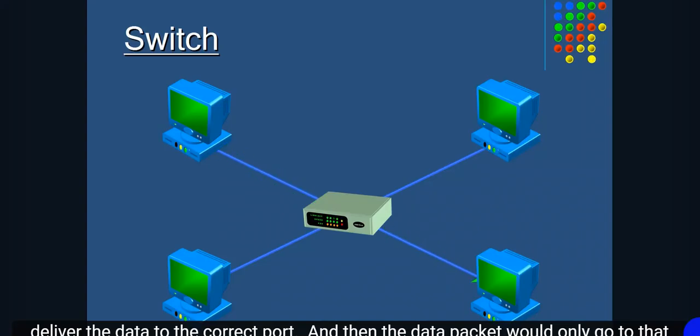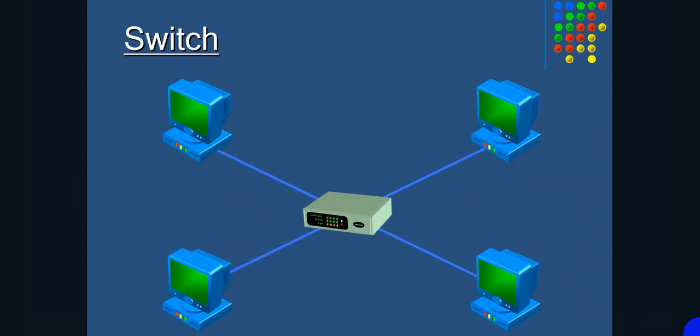And then the data packet would only go to that computer. So that's the major difference between a hub and a switch. As a result, switches are far more preferred over hubs because they reduce any unnecessary traffic on the network.